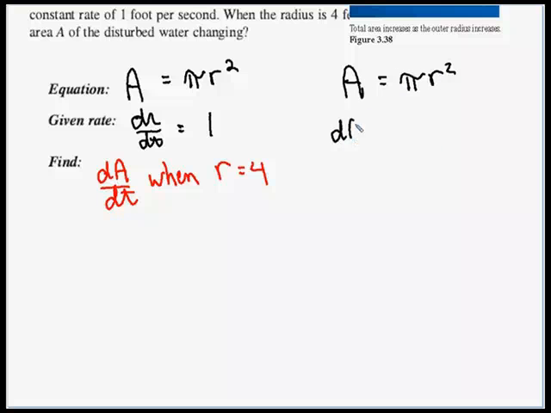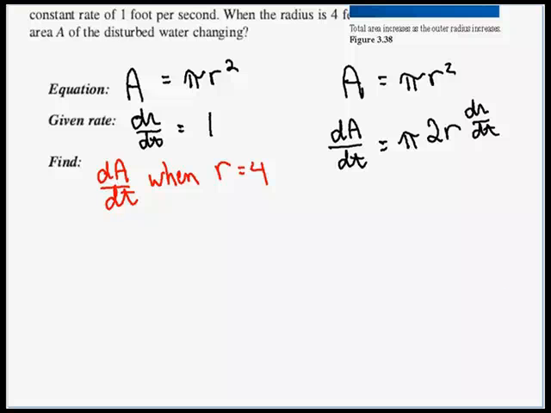So the derivative of the area is dA dt, and that's equal to, how do we differentiate this? Remember, pi is just a number. So by the constant multiple rule, we can just bring that out front. The derivative of r squared is going to be 2r, and because we are differentiating with respect to time, we have a dr dt. Okay, I think that's as far as we need to go.